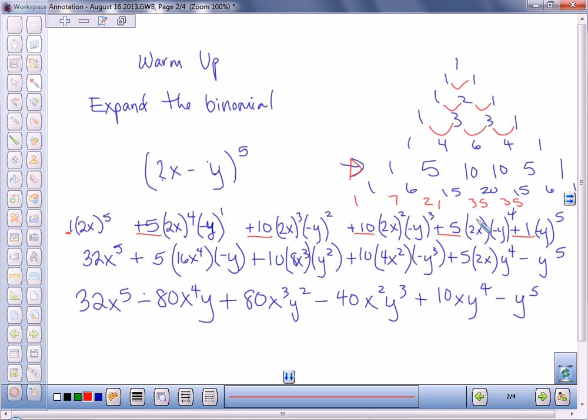First to the first, second to the fourth, and then the last term would be the first one to the 0 power and the last one to the fifth. Then I'm going to simplify. I'm going to raise these numbers inside to those powers. And then I'm going to multiply. Now you don't have to show me this step. You could go straight from here to here, and that's fine. Okay. How'd you do?